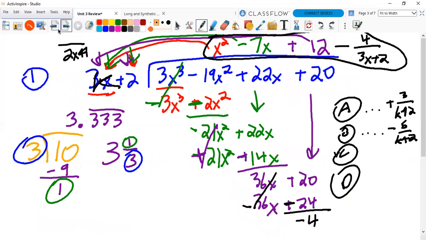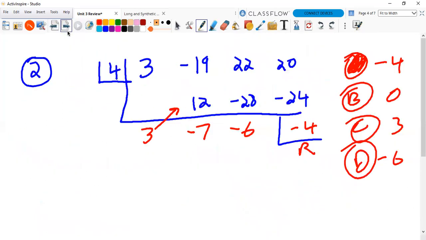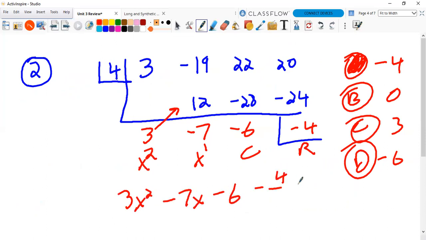We already had the synthetic set up, but now since the question is like this, it comes back to the answer I was looking for, the entire quotient. So that's when I would have to label my numbers I got, and I would get 3x squared minus 7x minus 6 minus 4 over x minus 4.